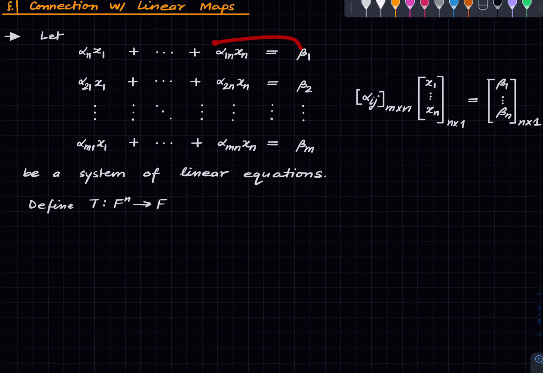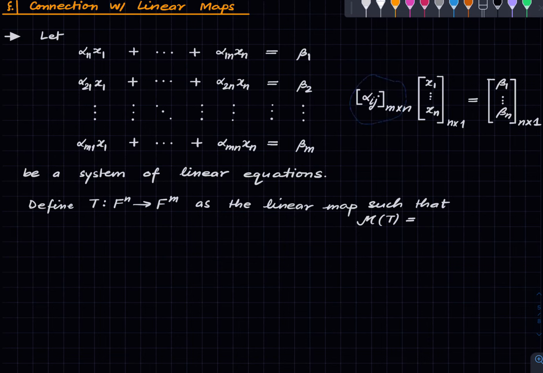Everything was happening over the base field F. Define T as the linear map such that the matrix representation of T, and since we are working with coordinate spaces, we need not specify any special basis. We are working with the standard bases. So the matrix representation of T is the same as this matrix.